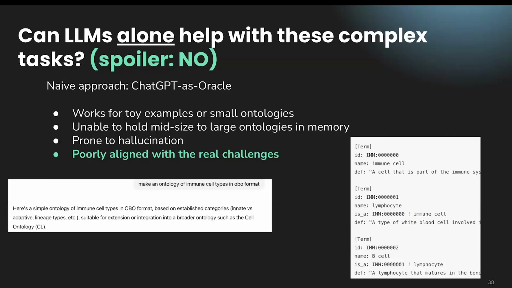Many of us may have tried going to ChatGPT and asking it to make an ontology of immune cell types in OBO format. It was impressive the first time we saw this, just because it memorized things like OBO format or OWL format, and it was actually able to make syntactically correct little toy ontologies. But of course, they were just toy ontologies, and the moment we tried this with any larger task, it would fail horribly, and we started to see some of the limitations of this approach.